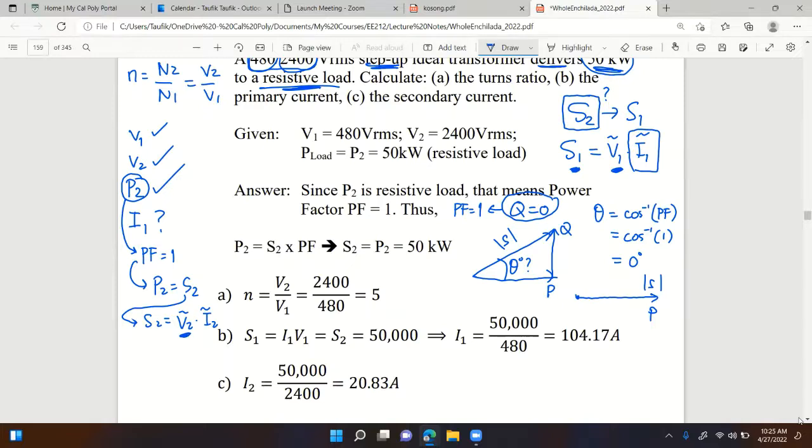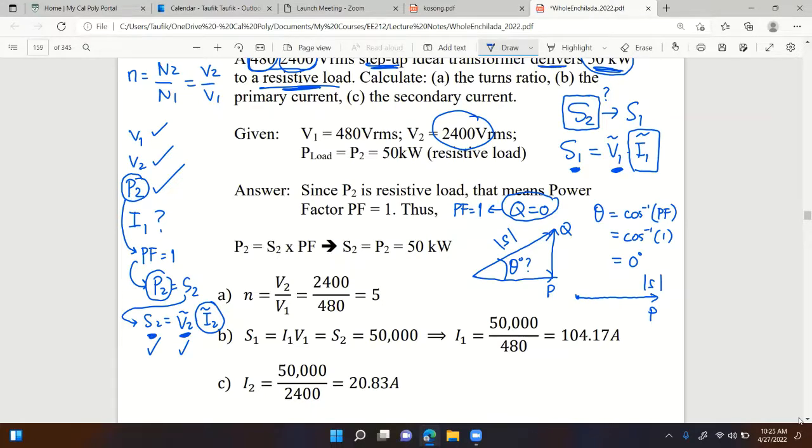The answer is yes, V2 is given right here. Do I know S2? Yes, that's just equal to P2, the 50 kilovolt-amps or 50 kilowatts that's given. So since I know S2 and V2, I can solve for I2. Oh, that's actually part C, sorry. But part B is asking for the primary side.